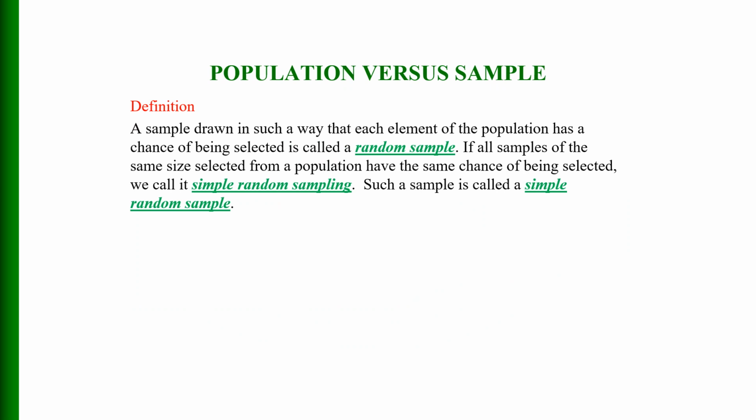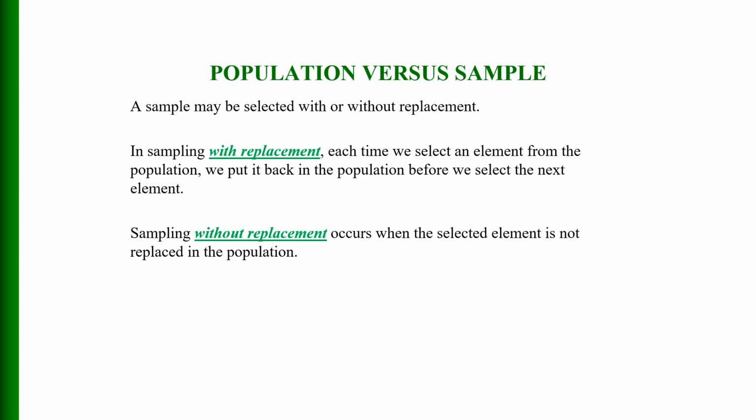If all samples of the same size selected from a population have the same chance of being selected, we call it simple random sampling. Such a sample is called a simple random sample. A sample may be selected with or without replacement.